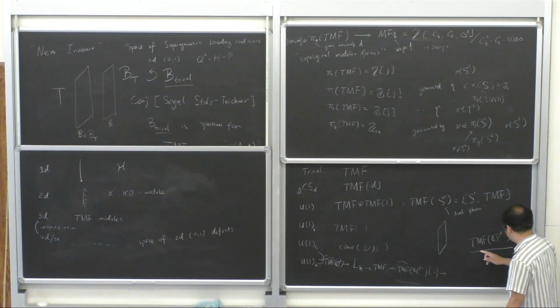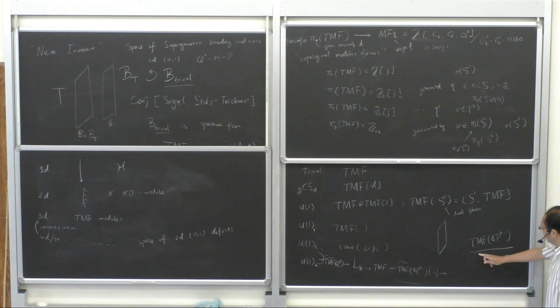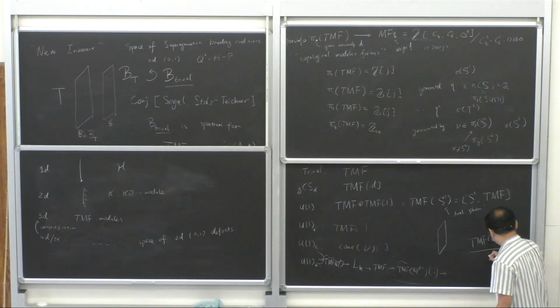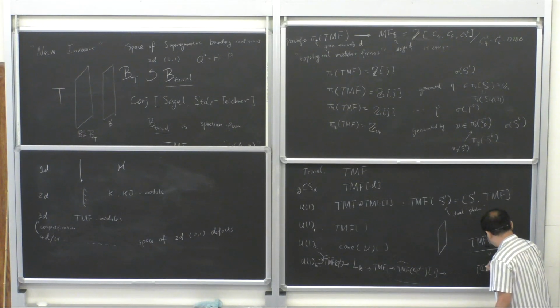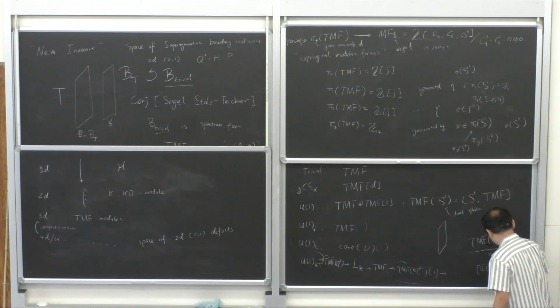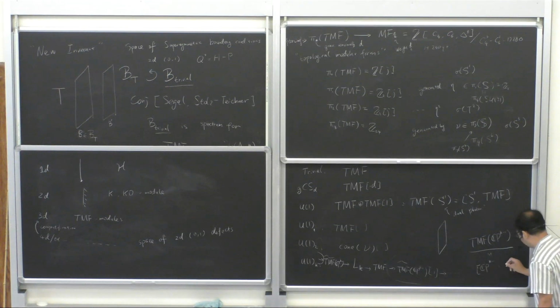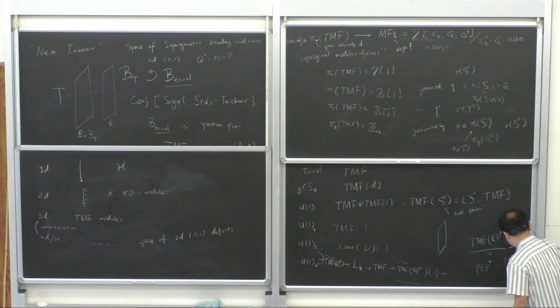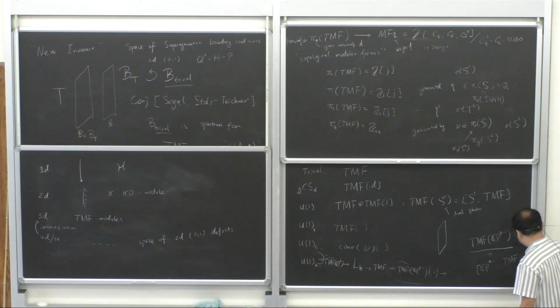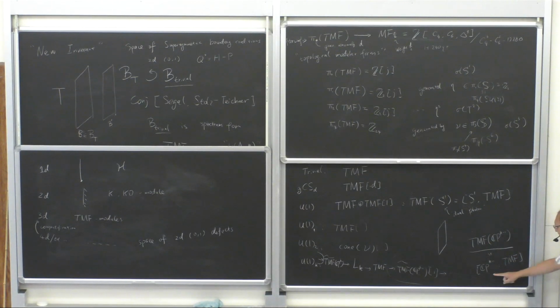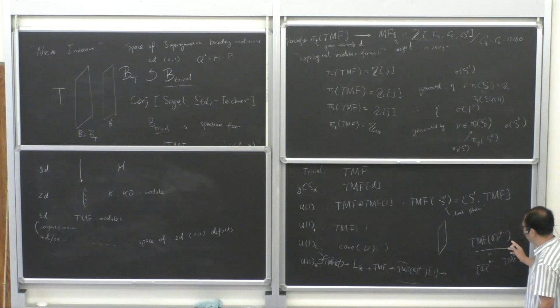And that is naturally associated with either this cohomology, or the same as a homotopy class of maps from CP^(K-1) to this TMF space. And that's also what one really expects, because that's really a CP^(K-1) family of 2D theories. So this kind of module would be naturally associated with sigma models.